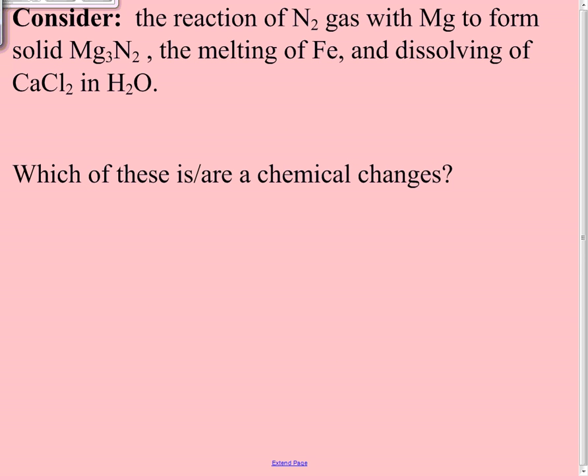Consider the reaction of nitrogen gas with magnesium to form solid magnesium nitride. Consider the melting of iron from solid iron to liquid iron, and consider the dissolving of calcium chloride in water.